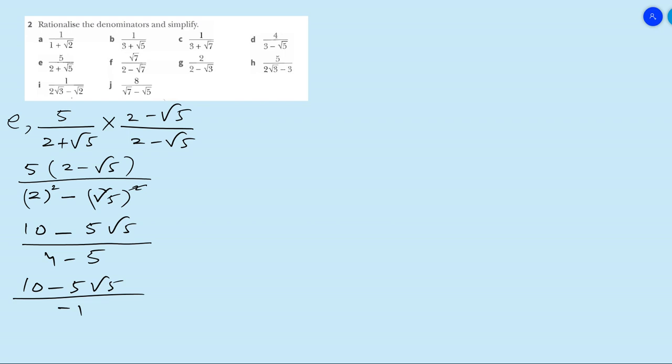Multiply this minus sign by the whole numerator. Minus 1 into 10 is minus 10, and minus minus is plus 5 root 5. This is the answer of part E. Come to part F.